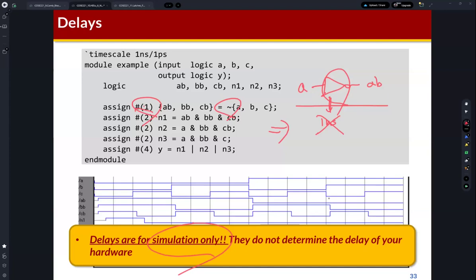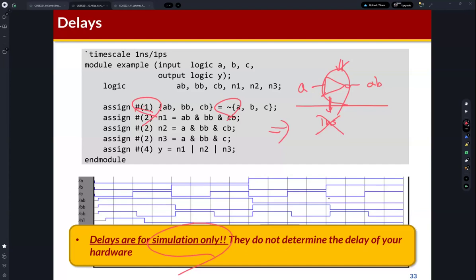They provide this circuit, which means they also provide the inverter circuit based on their CMOS technology. But the delay of this inverter circuit is determined by the real circuit developed by those fabrication companies.